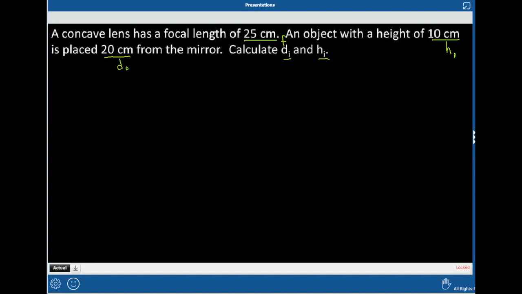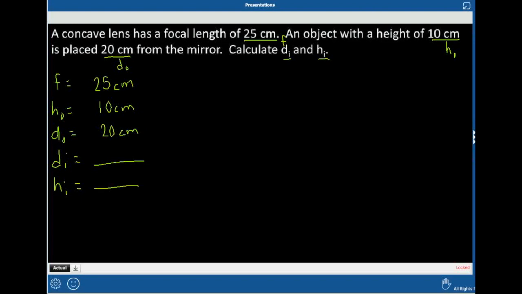Okay, so I'm going to write what I know, and I'm going to leave a space for those signs. I'm going to add those after. So my focal length is 25, my HO is 10, my DO is 20, and I've got a DI and HI.